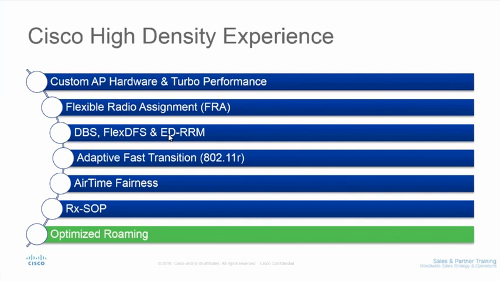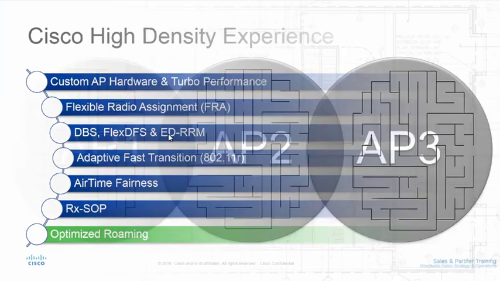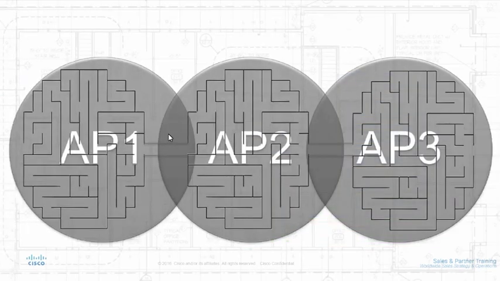Let's look at an example. So here I have a floor plan, and I've designated 3 access points just for the sake of explanation. So I'm going to connect a device. I'm going to use my iPhone here. So I connect my iPhone, and as I move around, the client device stays connected to AP1, right?